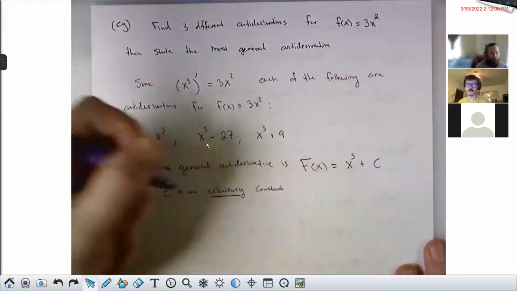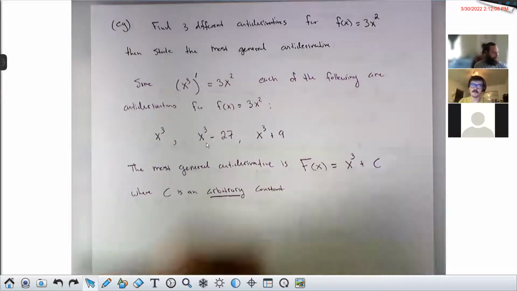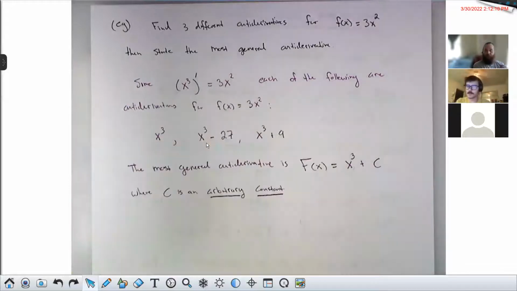Arbitrary just means I don't care what it is. It could be anything. It doesn't matter what number it is, as long as it's a constant.